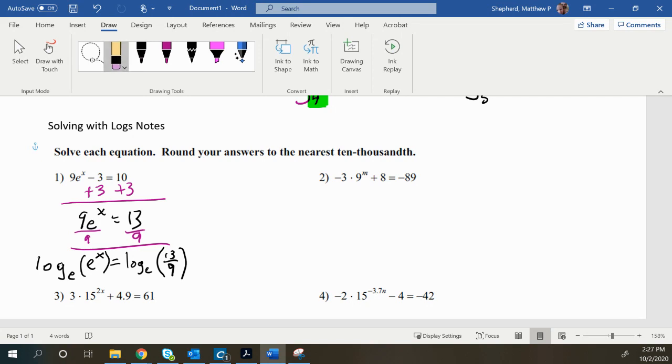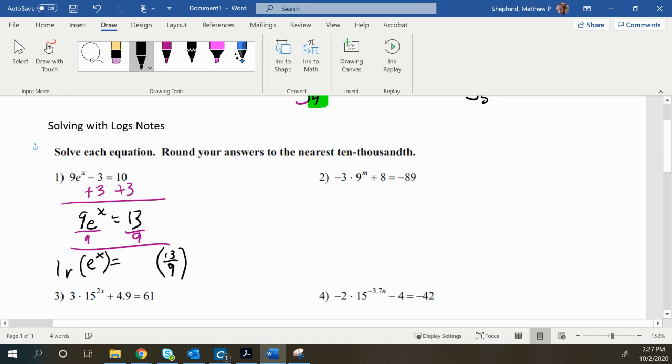If you haven't encountered log base e yet, it actually has its very own name. e is just a number, kind of like pi, an irrational number that goes on forever. So don't worry too much about e. It's just a number. And log base e, we can also write as just ln.